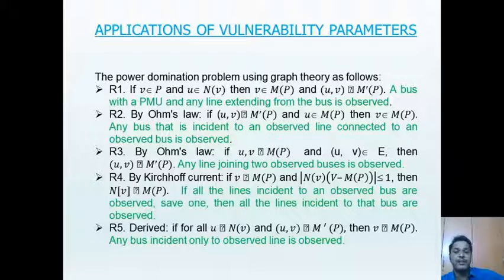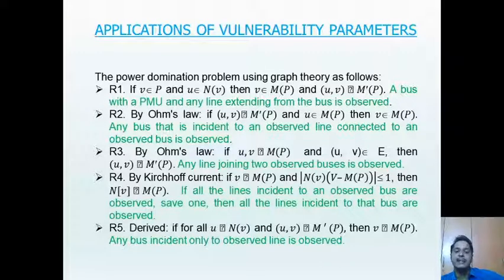The power domination problem can be defined theoretically in electrical terms, which can be converted to graphical terms. A bus, that is a vertex with a PMU, and a line, that is an edge extending from a PMU, is observed. Second, any bus that is incident, that is any vertex that is incident to an observed edge connected to an observed vertex, is also observed.